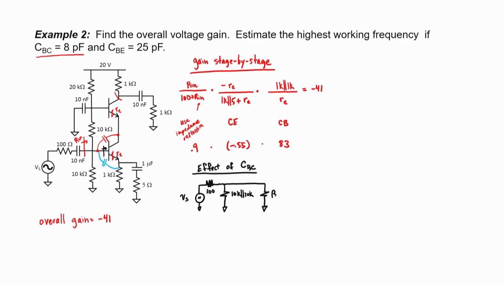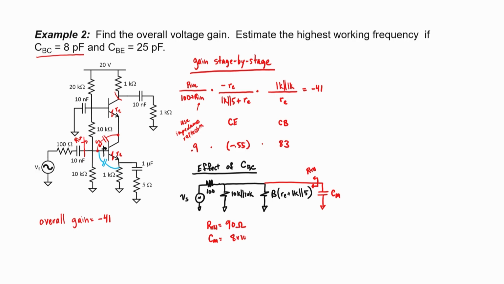By impedance reflection, that's going to be beta times Re plus 1 kilo ohm in parallel with 5 ohms. And then we have our Miller capacitance. So we're looking back from the Miller capacitance, and I need a Thevenin equivalent source. The Thevenin equivalent resistance works out to be 90 ohms here.